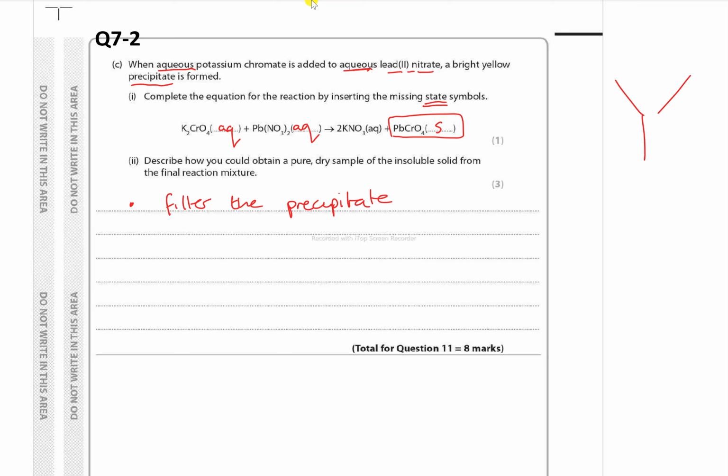So look, we've got our, right, that's our solution. And we've got precipitate here. So when we pour it through here, the precipitate is the salt we want. The filtrate goes through, we're interested in that bit. Right, so we filter the precipitate off.